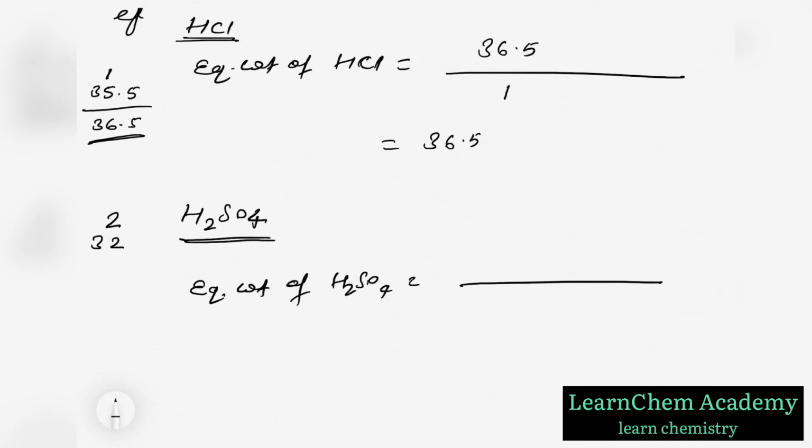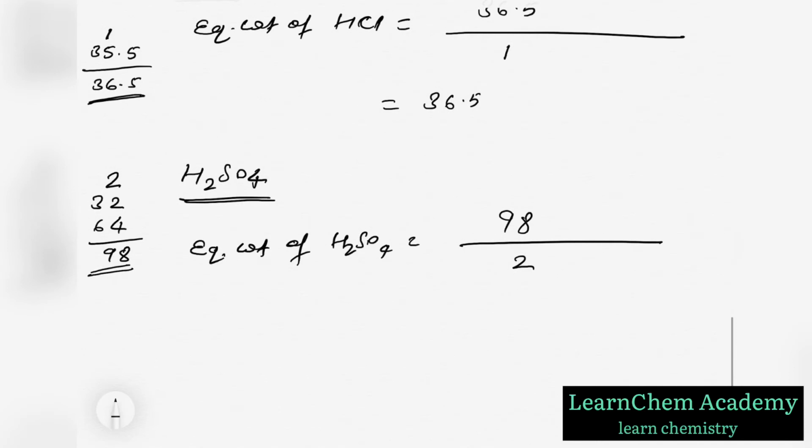We have 4 oxygens, so 16 times 4 is 64, and we get 98. So 98 divided by its basicity; it has 2 replaceable H plus ions, so divided by 2 we get 49. So 49 is the equivalent weight of H2SO4. We can calculate equivalent weight for acids in a similar way.